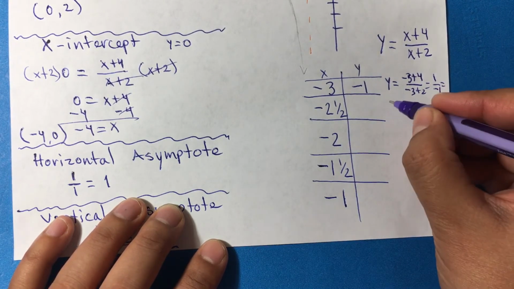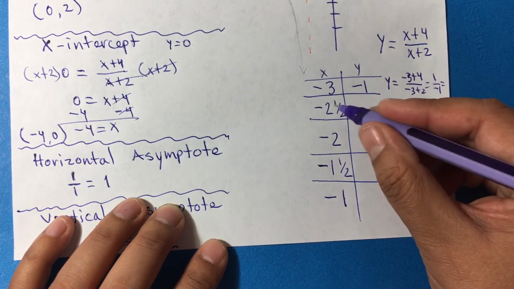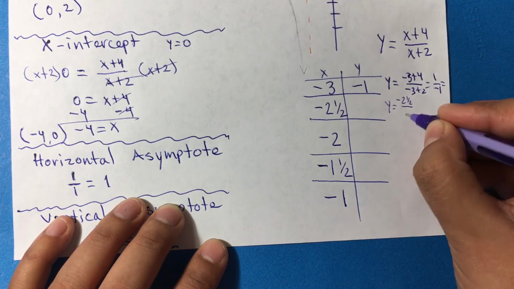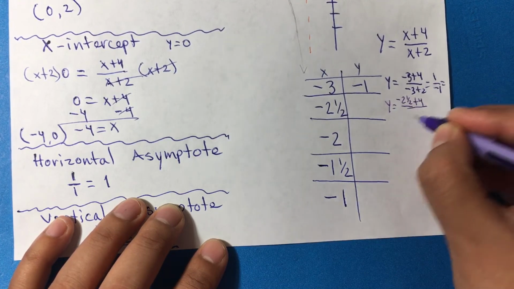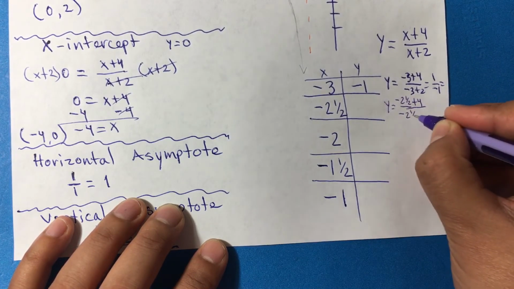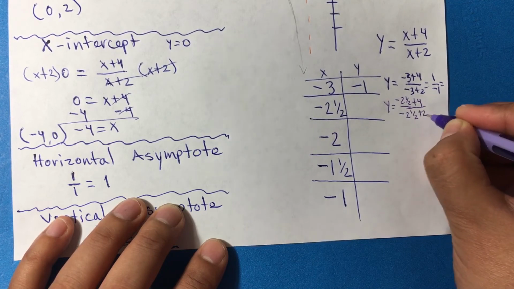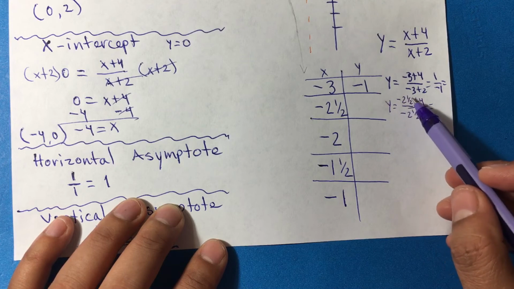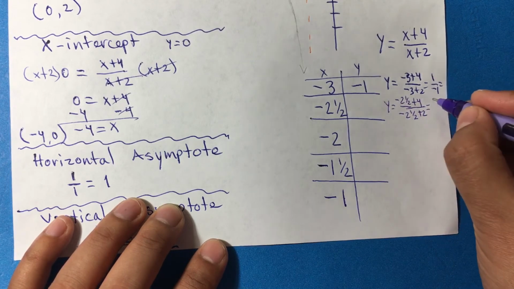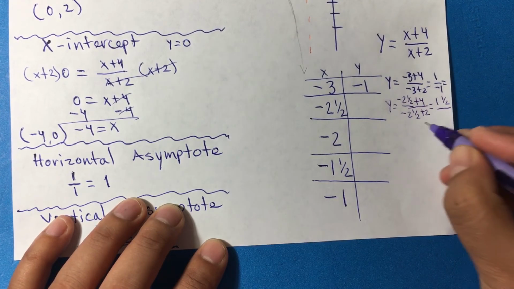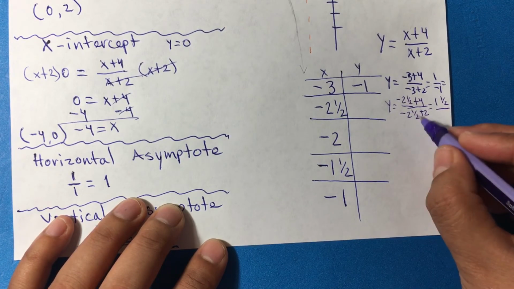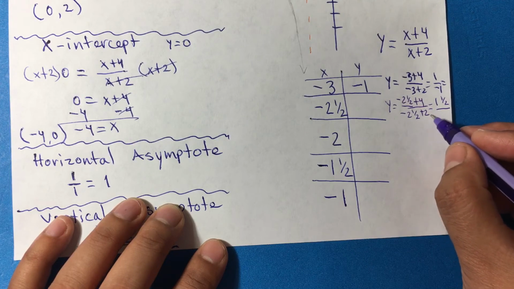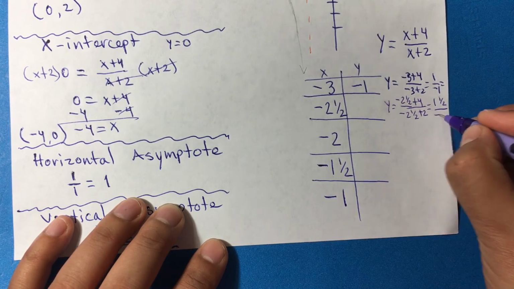For the other one, y equals -2.5 plus 4 over -2.5 plus 2. You can work with that if you wish. From the 4, you're taking away 2 and taking away half, so you end up with 1 and 1/2, divided by, in here, you owe $2.50, but you have $2, so you only owe 1/2.